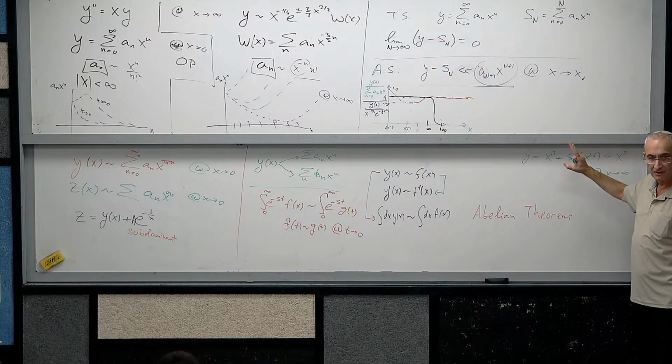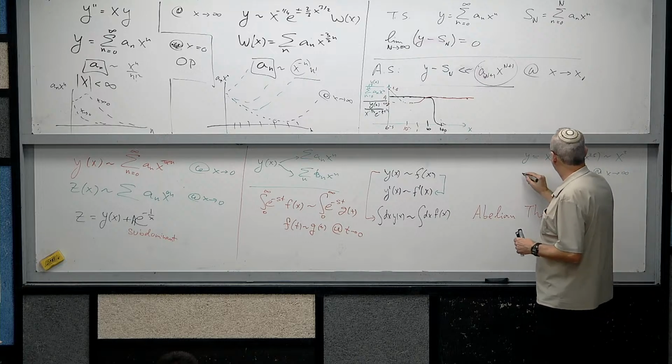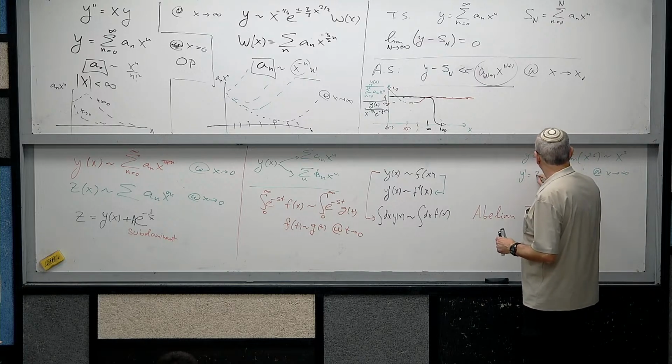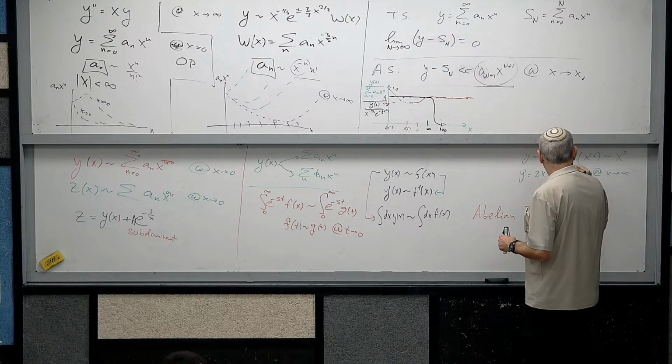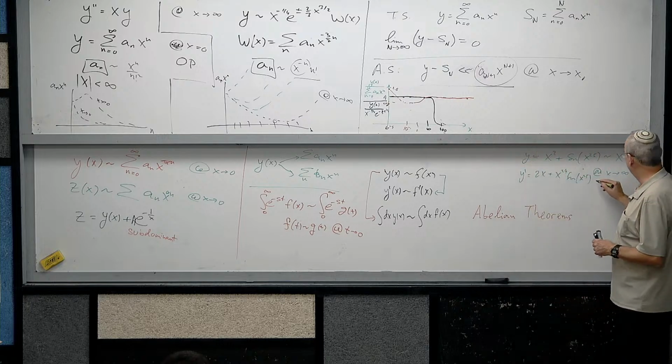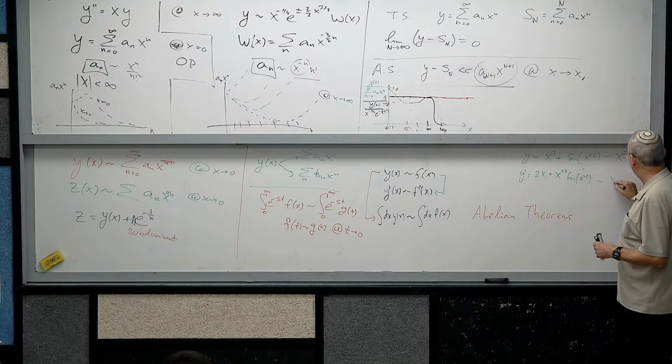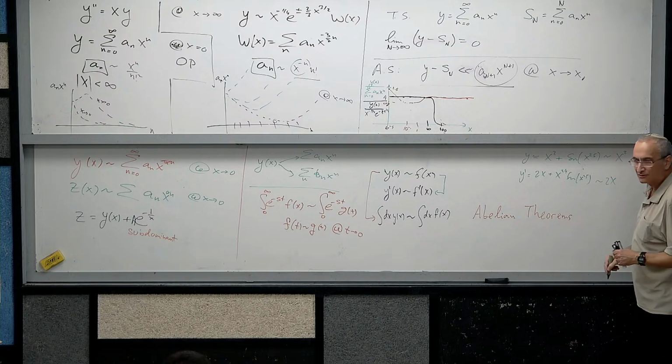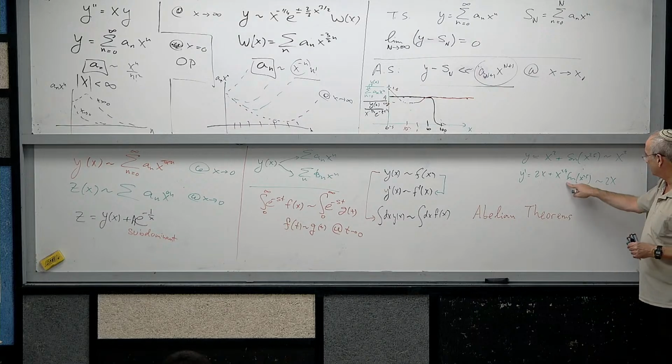What about y prime? y prime will be 2x plus x to the 24 times sine x to the 25 times something. And this is clearly not asymptotic to 2x as x goes to infinity, because of this term.